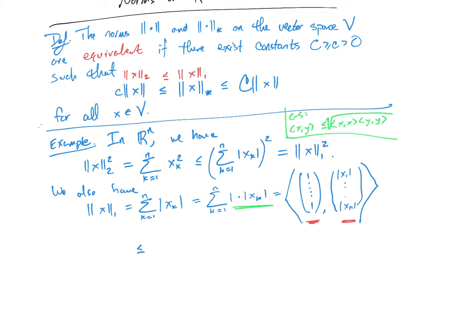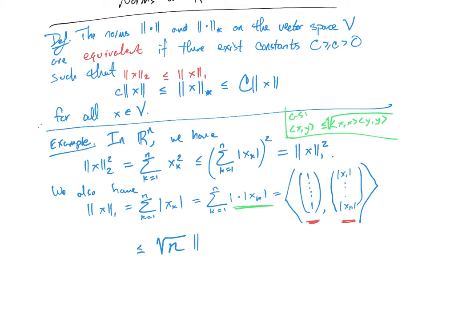Now, if you work that out, the inner product of the all-ones vector with itself is just n, and we're taking a square root, so we get square root n. And then the inner product of this absolute value x vector with itself is the 2 norm of x all squared.